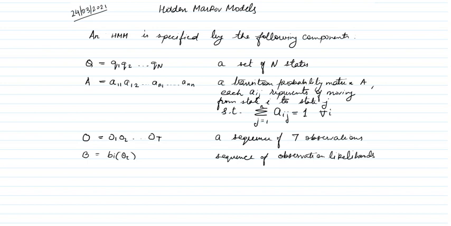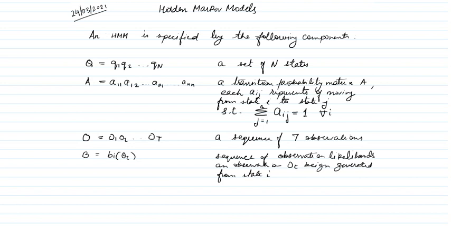So it is the probability of an observation Ot being generated from state i.